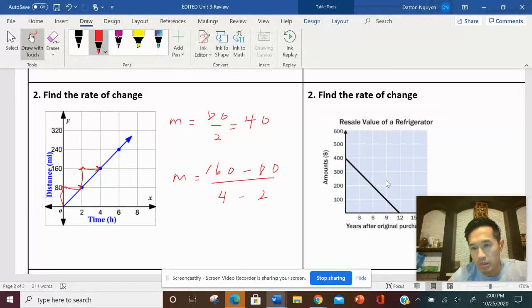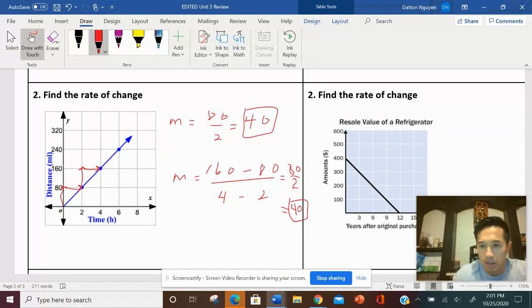Over here on number 2, you'll see that it's going down, so you should get a negative slope. See here, I'm going to get a positive slope, which would be 80 divided by 2, and that will give me 40. Okay, so the same number I got from before.